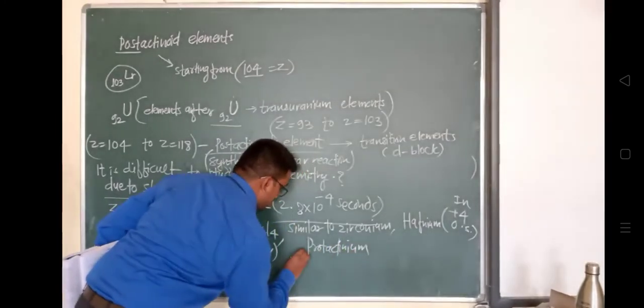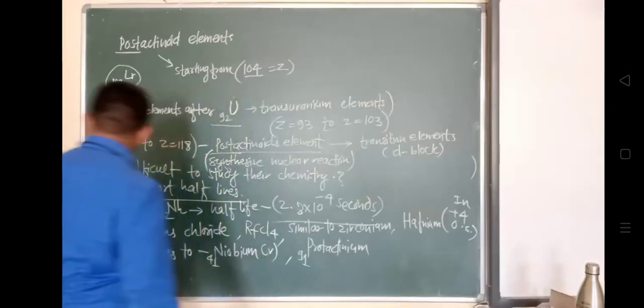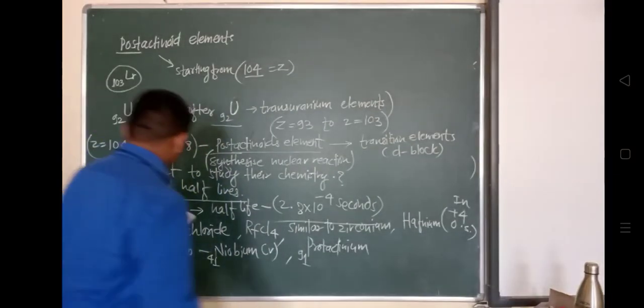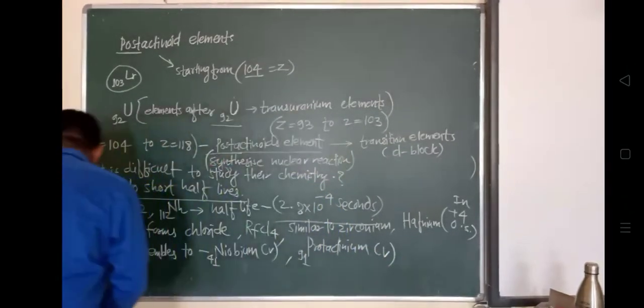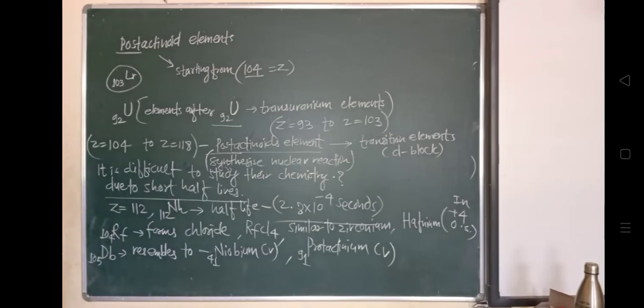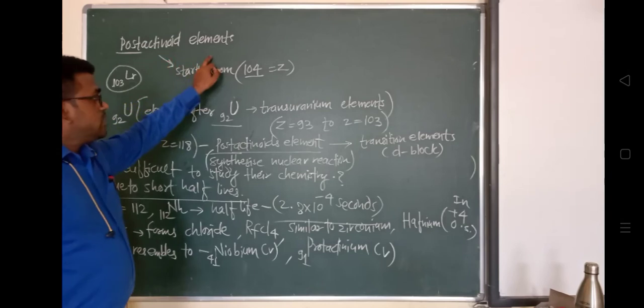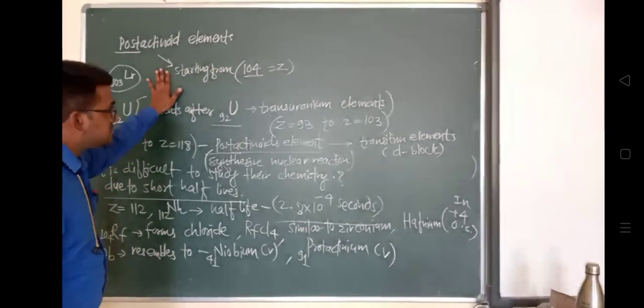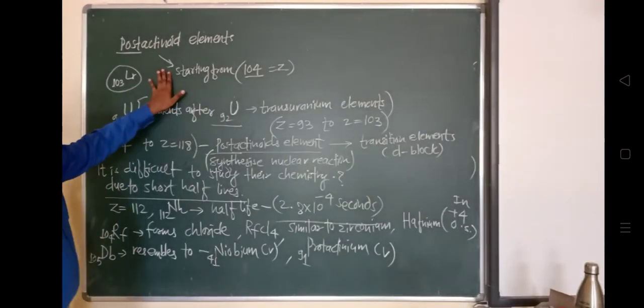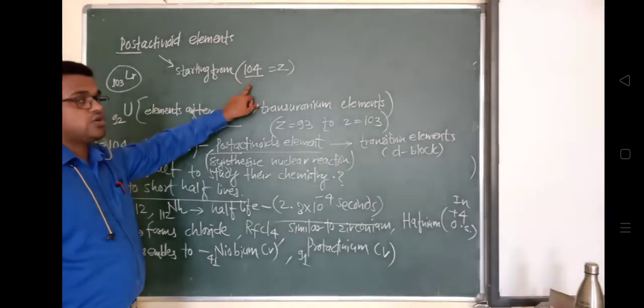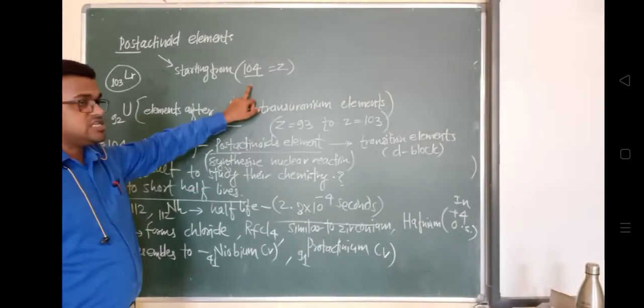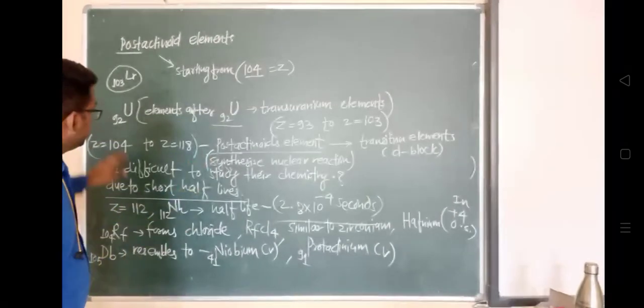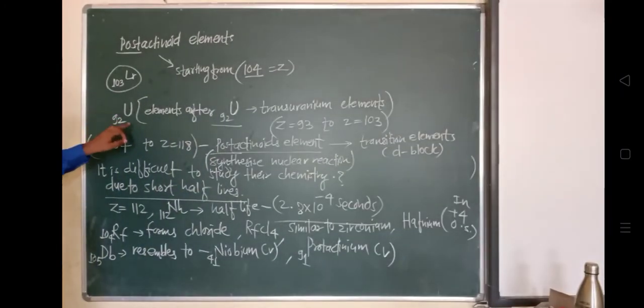Nihonium has a very short half-life of around 2.8 into 10 raised to minus 4 seconds, in milliseconds. They get synthesized in nuclear reactions. Rutherfordium forms a chloride the same as zirconium and hafnium in the plus 4 oxidation state.